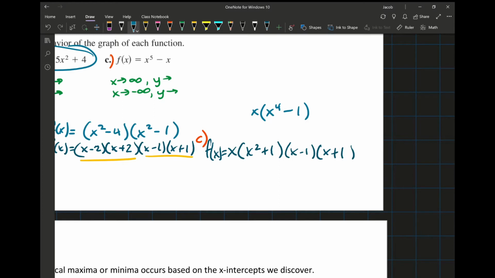But not only is it a difference of squares, it's a difference of squares once, and then it's a difference of squares again. So we've got x squared plus 1 and x squared minus 1 that come out of x to the fourth minus 1. And then this factor produces another difference of squares. So we completely factored this polynomial.